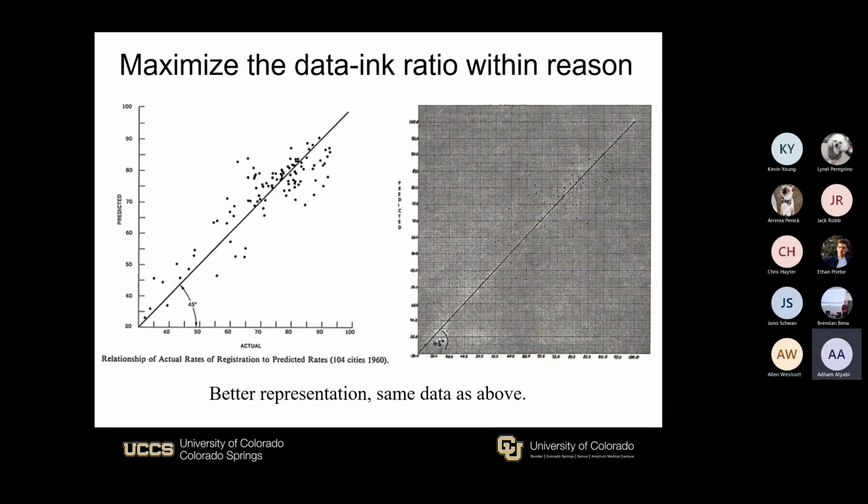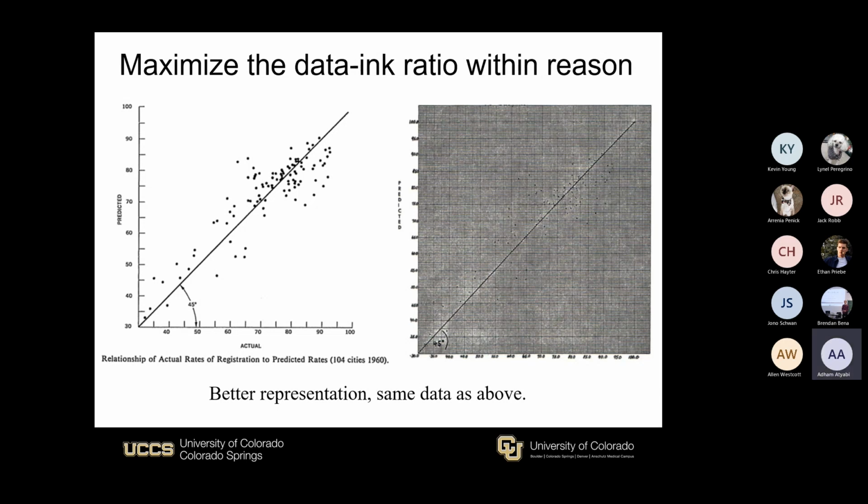So what we have here is another published version of the same data, with the share of data ink up to something around 0.7, which is considered an improvement compared to what we had before. In terms of maximizing the share of data ink, the larger the share of a graphic's ink devoted to data, the better the ratio results.